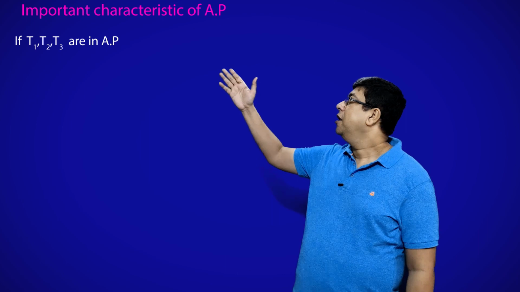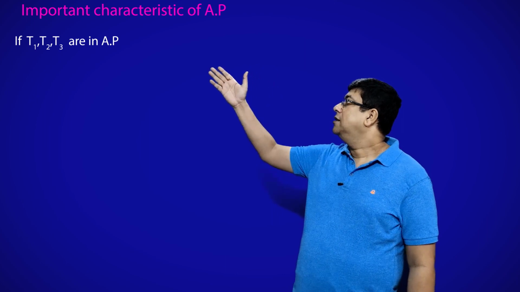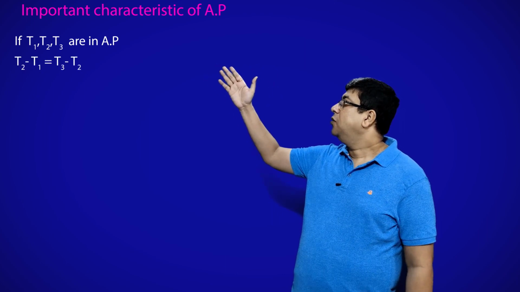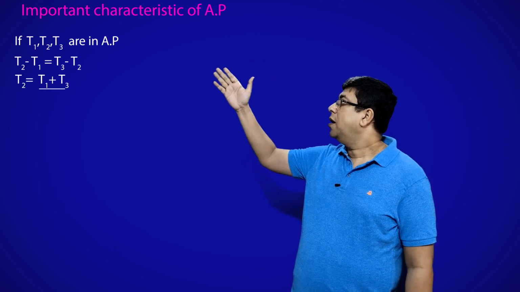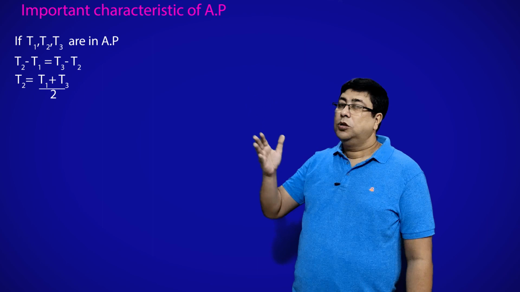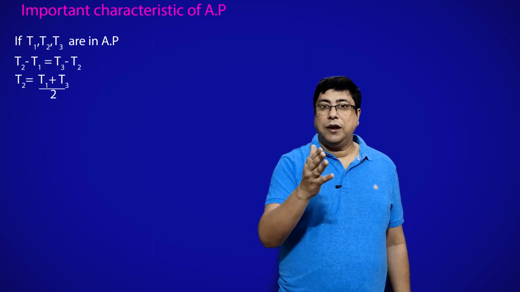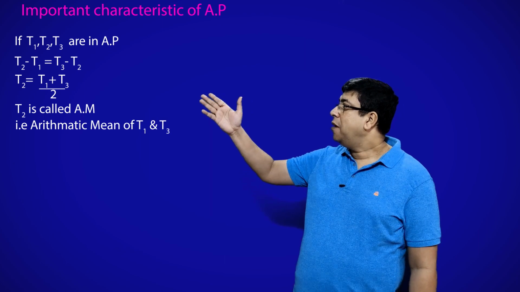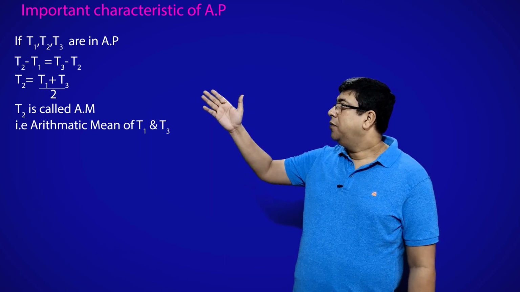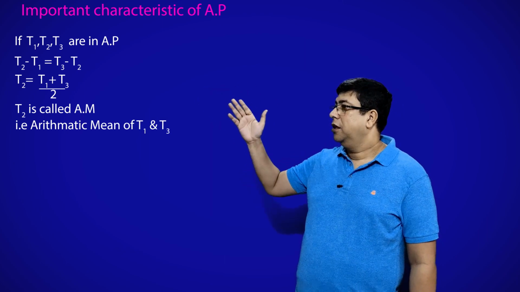Everyone, I am discussing one very important characteristic of AP. Suppose T1, T2, T3 are in AP. Then we can say T2 minus T1 equal to T3 minus T2. Therefore, T2 equals (T1 plus T3) by 2. This is an important characteristic of the AP, and in this case T2 is called the AM, that is the arithmetic mean between T1 and T3.